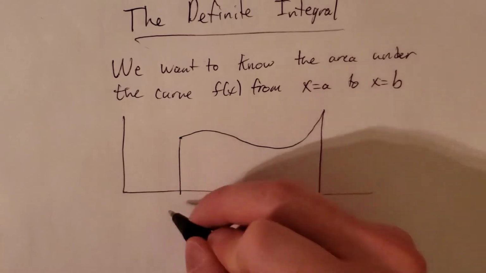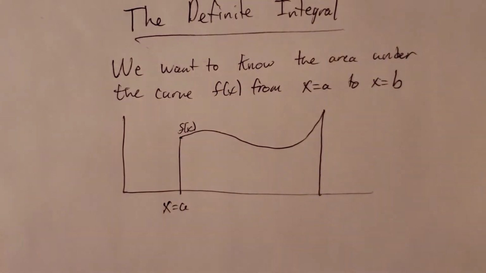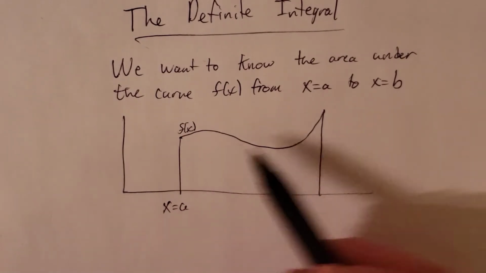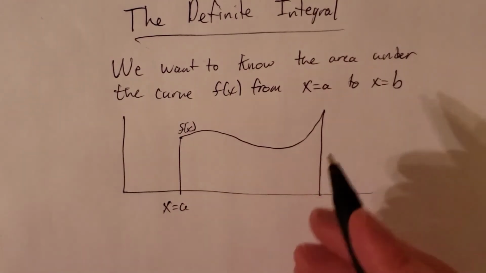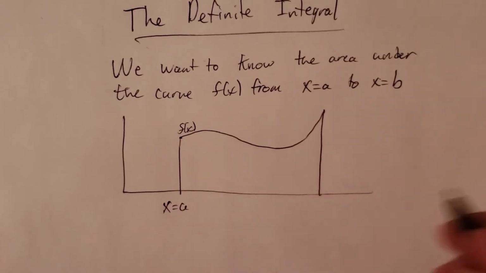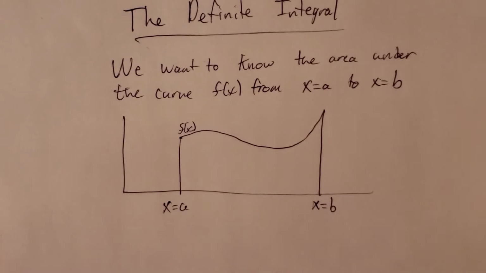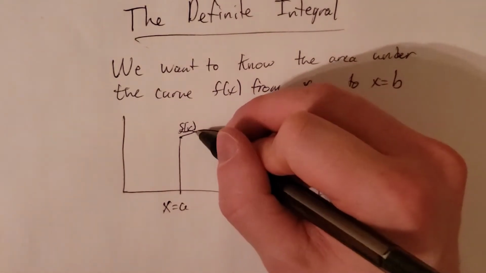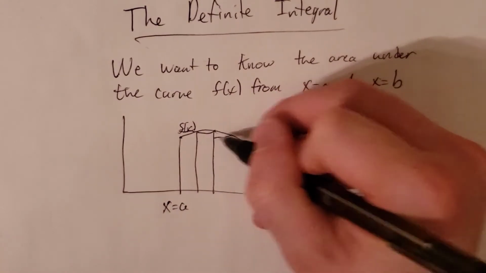But if we have some function here, f of x, some positive function, that's really how we determine that we're finding the area under the curve, from the curve to the x-axis, from x equals a to x equals b here. And what we can do is we can make a bunch of rectangles that we will calculate the area of.